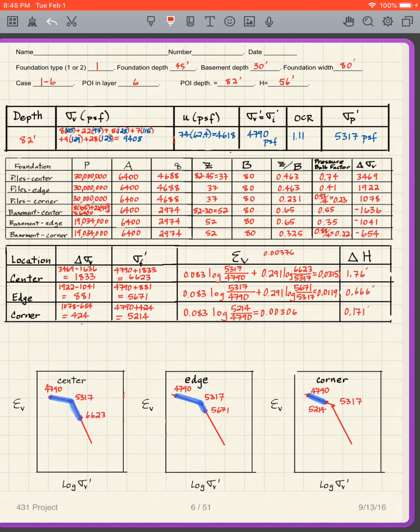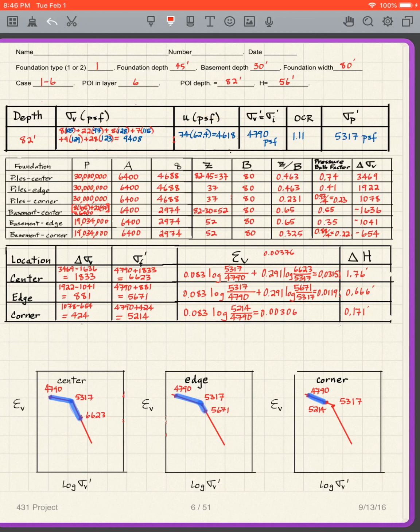So if I add up the sigma V, at my point of interest depth is 82 feet in layer 6. That's the center of layer 6 at 82 feet. I've got to add up my sigma V just by adding up all of the stresses from each layer. And then there's the pore pressure at that depth using the water table.